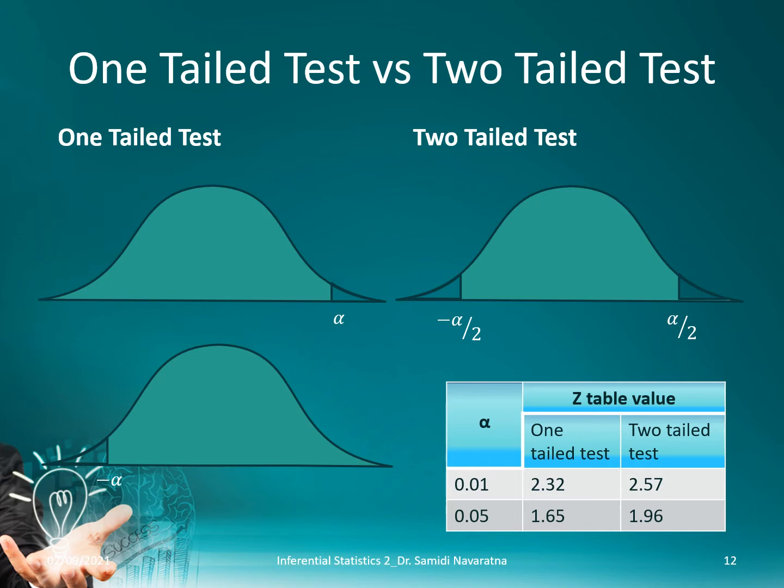These are the critical values for the given alpha levels. These are the commonly used alpha levels. So if you know these values by heart, you don't actually have to use a Z table for hypothesis testing.